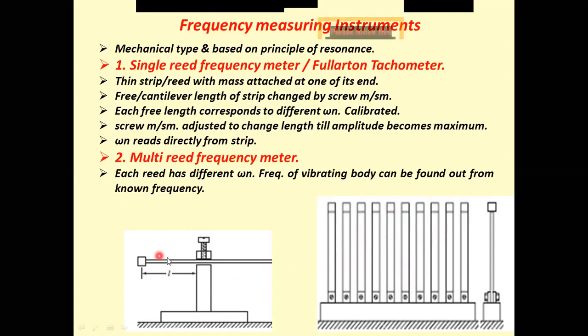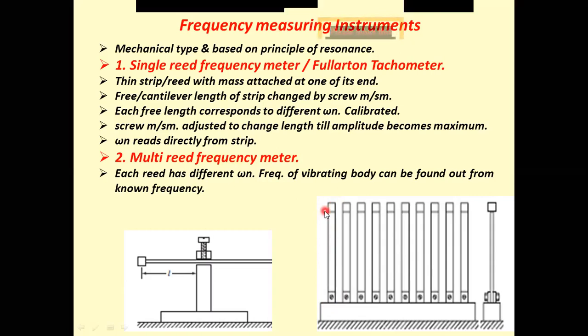In the case of a single reed, there is only one strip. But in the multi-reed frequency meter, there are a number of strips or reeds in the form of cantilevers, with one end fixed, carrying small masses at the free ends.